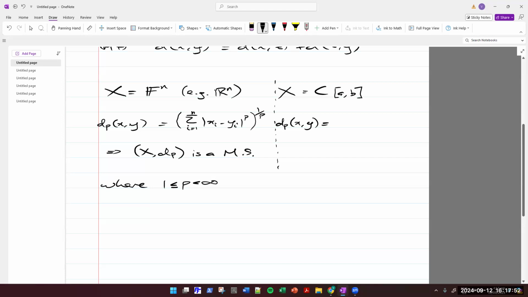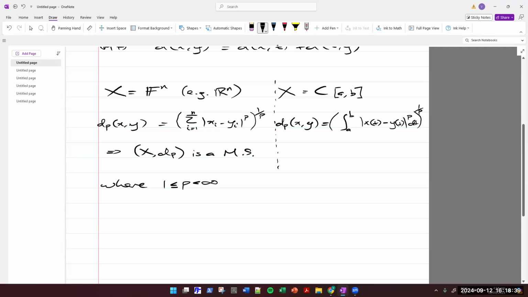This metric is the same as the one before, except instead of the summation, we're going to do an integral. We take the integral from a to b of the function values, so x of t minus y of t, to the power of p, then take the integral with a dt, and then we take 1 over p.